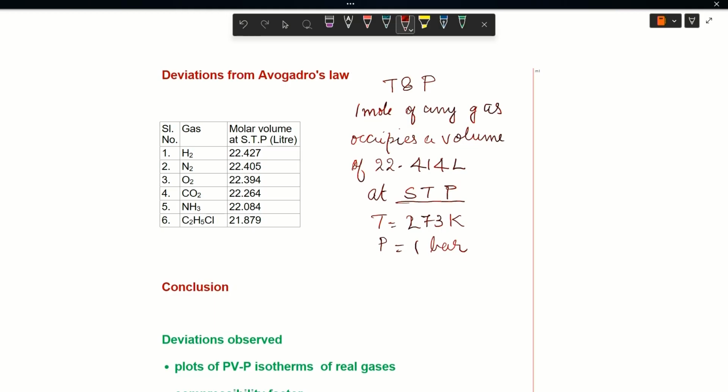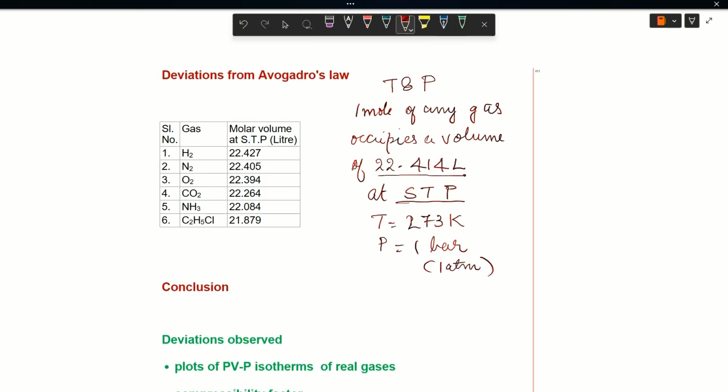Here temperature and pressure are fixed because it is at standard temperature and pressure: temperature is equal to 273 Kelvin and pressure is equal to 1 bar, or sometimes we consider that to be 1 atmosphere, a slight approximation.